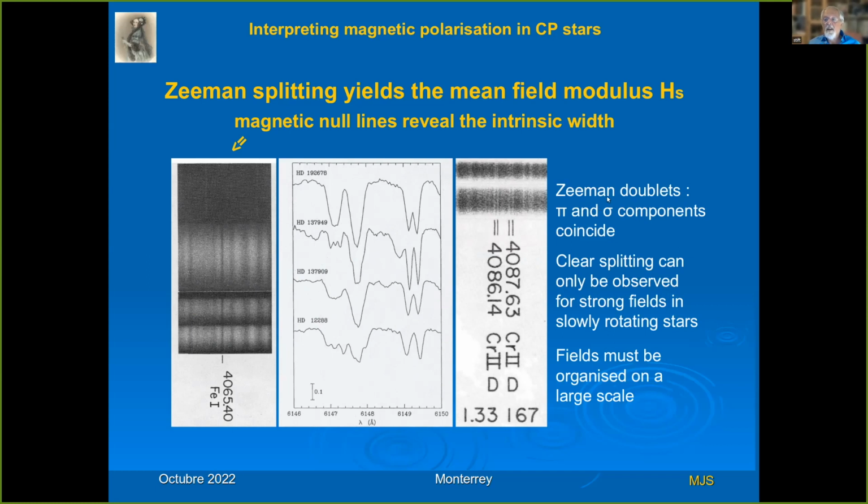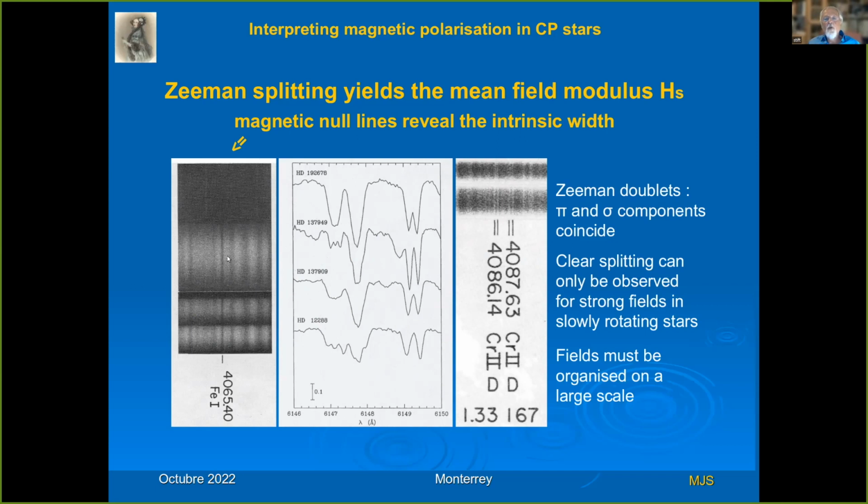Zeeman doublets are those Zeeman patterns where the pi and the sigma components coincide. There it's very easy to determine directly this mean field modulus integrated over the whole visible surface. And of course, later on, like here in the middle, you have got a much better resolution.